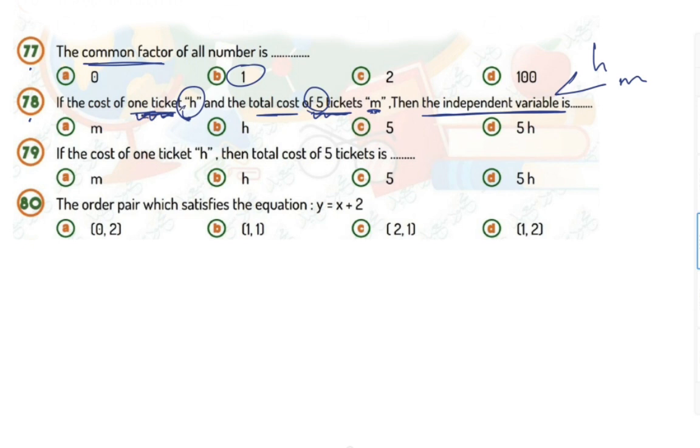The one ticket price comes first, and then I multiply it by 5 to find the value of 5 tickets. So the independent variable is the one ticket price. Look here, cost of one ticket H, then total cost of 5 tickets. You know one ticket will cost you H, so for 5 tickets I will pay 5 times the price of one ticket.